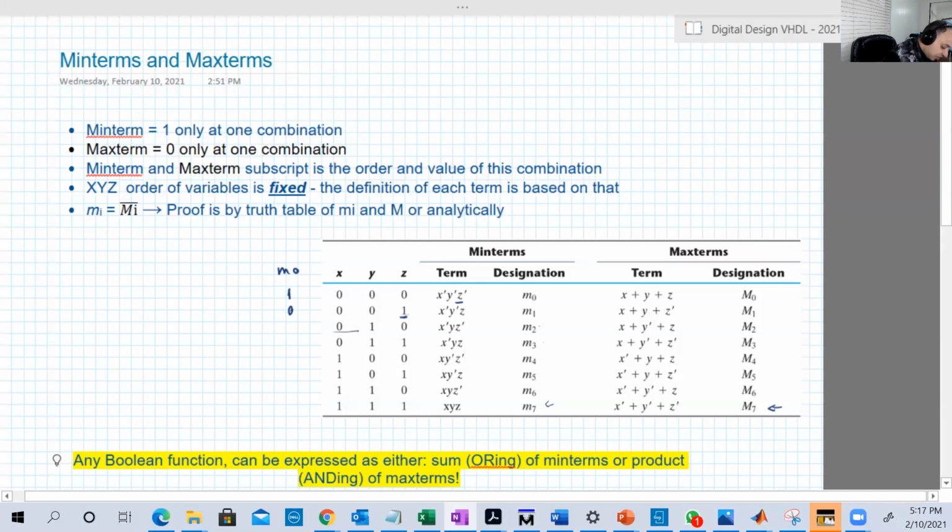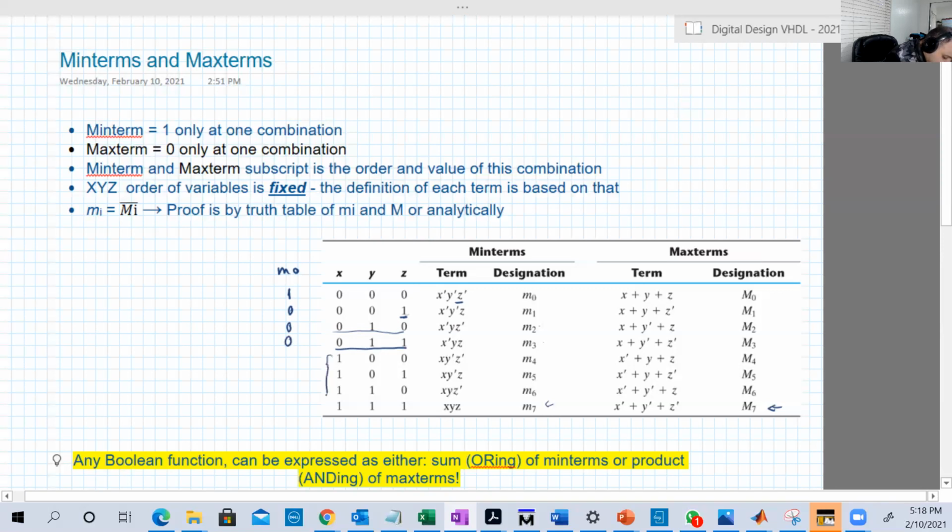Then we have 0, 1, 0. So x prime is 1, that's good. Y prime is 0 now, and 0 ANDed with anything will give you 0. I will not continue. Once you find a 0, you don't continue. It's an AND gate. Then with 0, 1, 1, x prime is 1, that's good, but now y is 1, so y prime is 0. Again, don't continue.